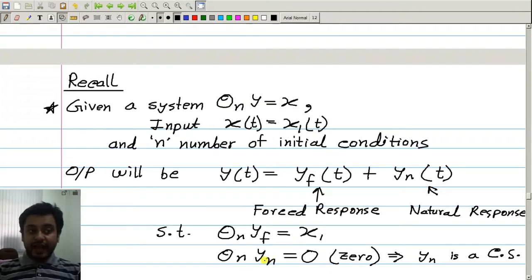That means as if YN has no effect, but YN is required to satisfy the initial conditions. YF, forced response, will satisfy this differential equation, and natural response will satisfy the initial conditions, and both of them together will satisfy both the differential equation and the initial conditions.